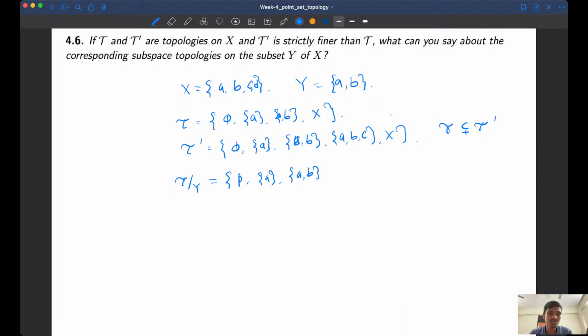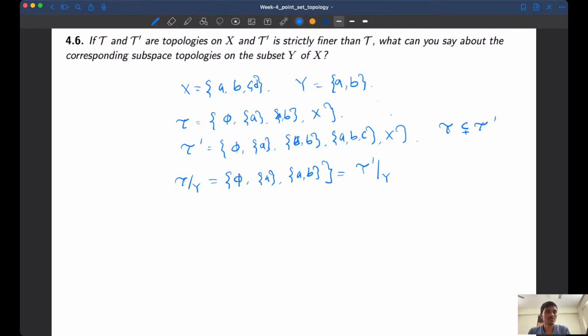And if you intersect each set with Y in tau prime, you will get the same topology. Both of them are topologies, by the way. So this is one case where the topology is not strictly finer, but indeed equal.